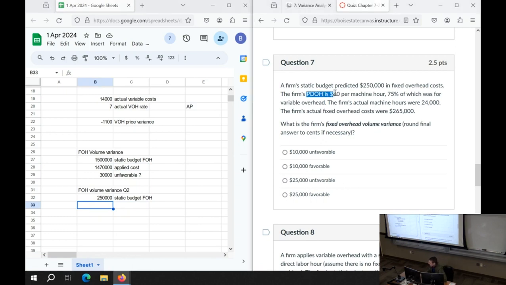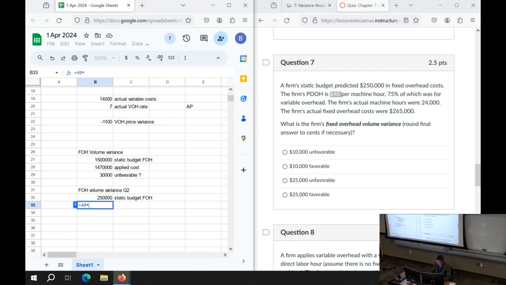So we have a PDOH of $40 per hour, 75% of which was for variable overhead. So what percentage is for fixed overhead? The remaining 25%. Yeah, good. So 25% of this $40 is the $10. That should be our predetermined fixed overhead rate.